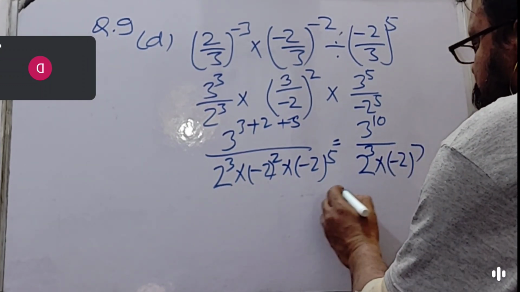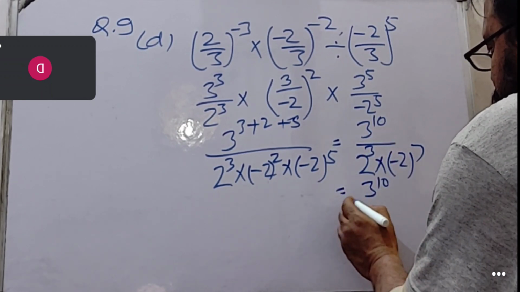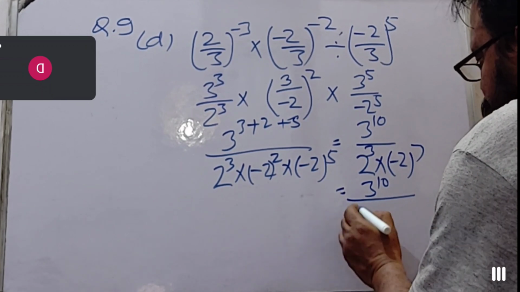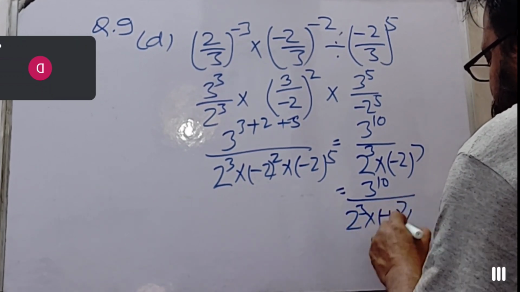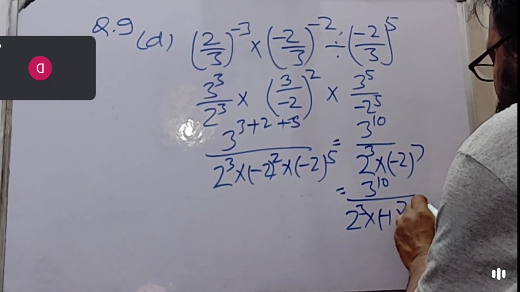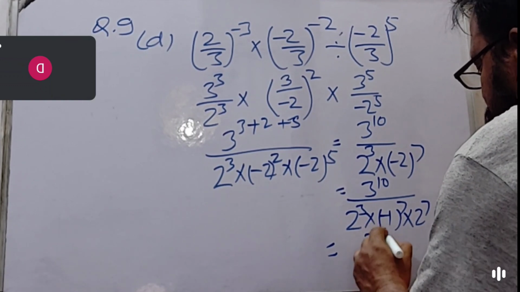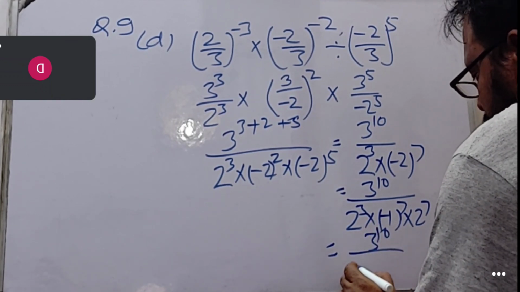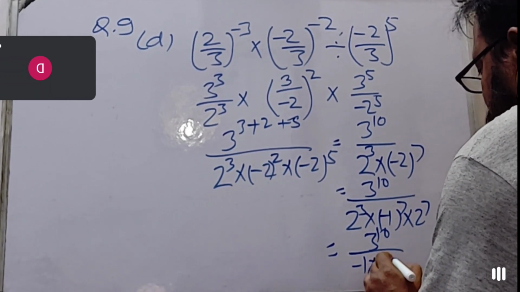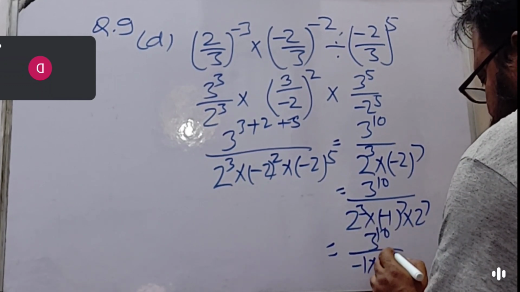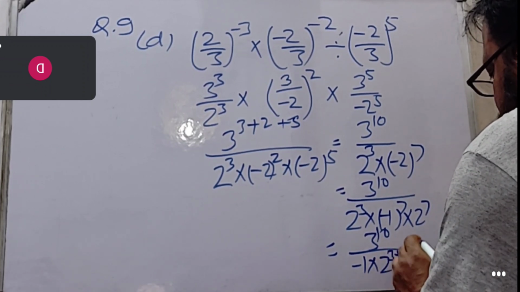So it will be 3 raised to the power 10 upon minus 1 into 2 raised to the power 3 into 2 raised to the power 7. So it becomes 3 raised to the power 10 upon minus 1 into 2 raised to the power 3 plus 7.